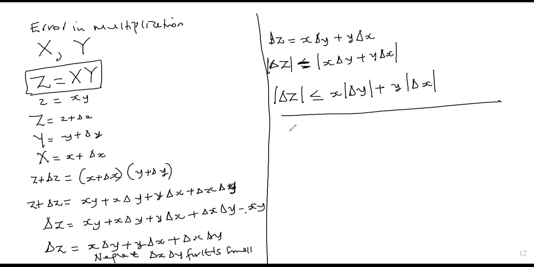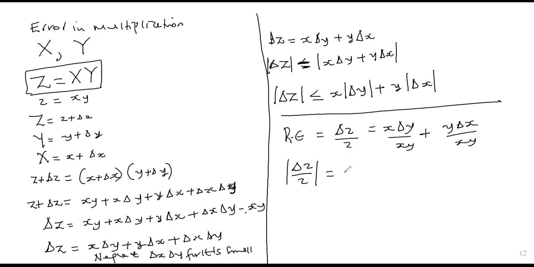Implying that if we need a relative error, it will be delta z out of z, which will be x delta y over xy, because we say that you can divide by the small or the bigger. So y delta x over xy, implying that the magnitude of delta z over z is the same as the magnitude of, x will cancel, so we shall have delta y over y plus, y will go, we shall have delta x over x.